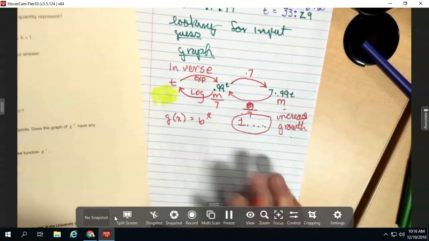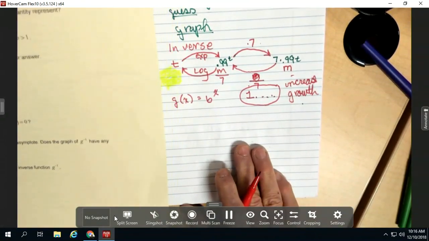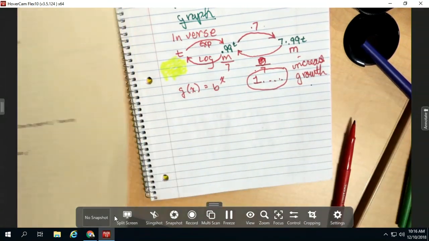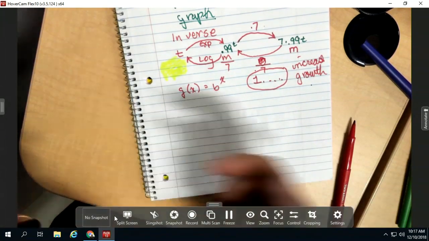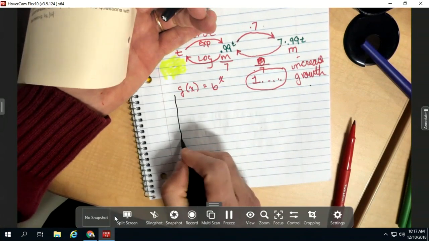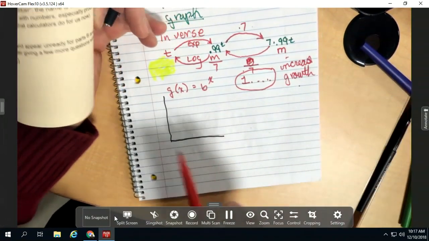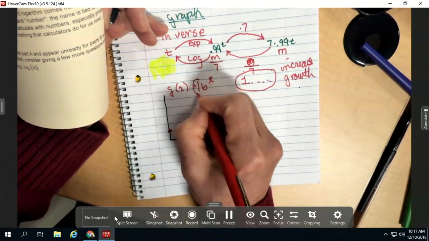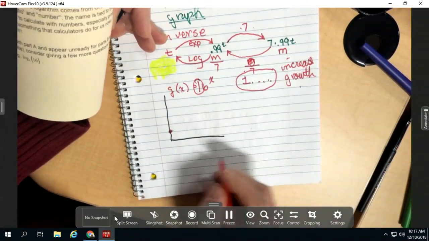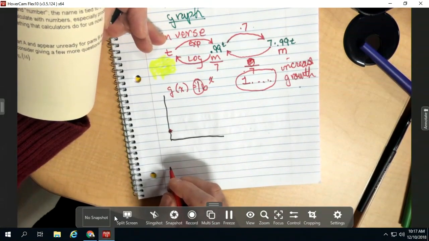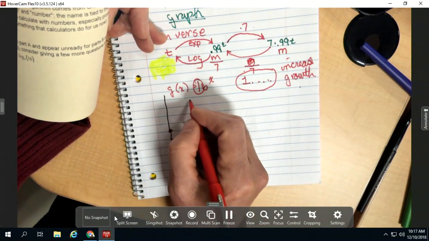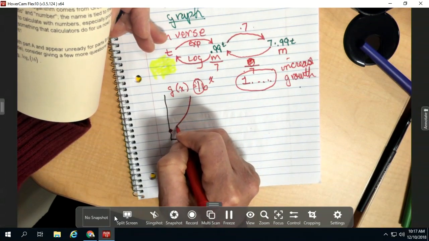Remember, we were talking about the other one was decay because it was less than 1. This one is greater than 1. So when we graph it, we're going to start here at 1 in this case because there is no number in front of the b, so we'll just say it's 1. And are we going to go down? No, we're going to go up from there, right?